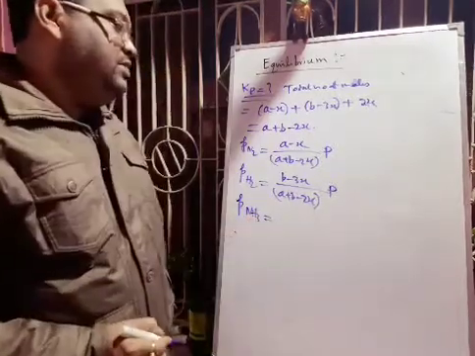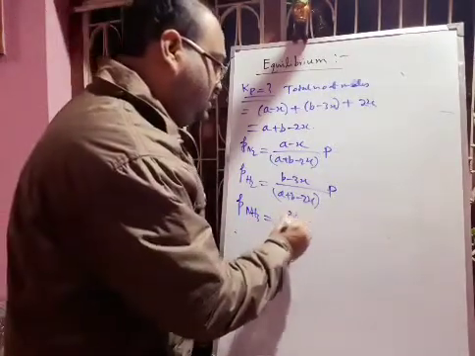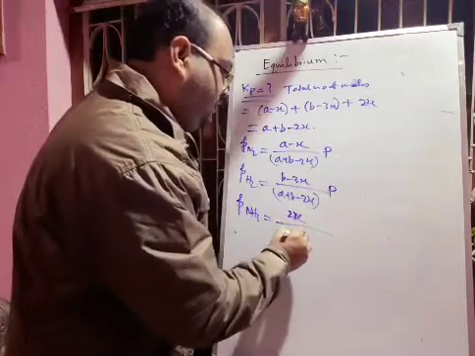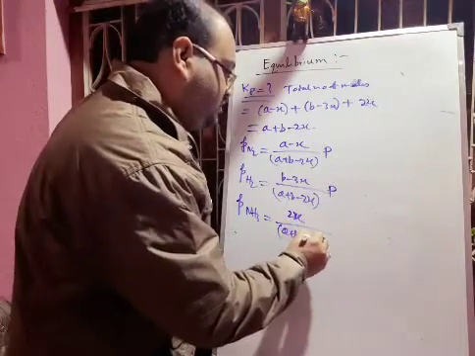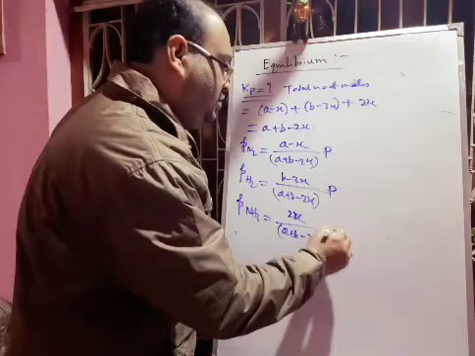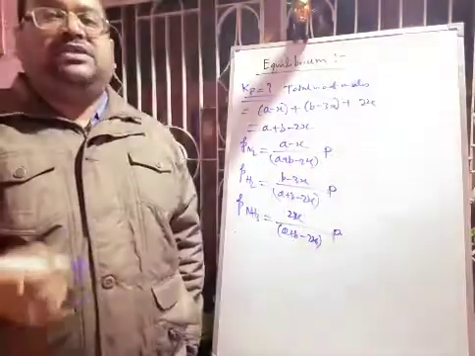The partial pressure of ammonia will be 2x divided by A plus B minus 2x into P.